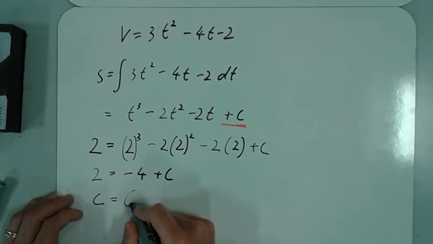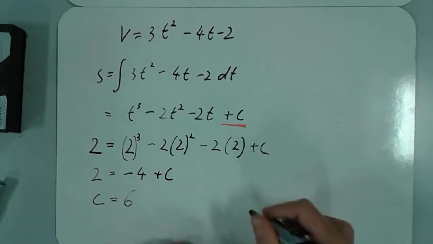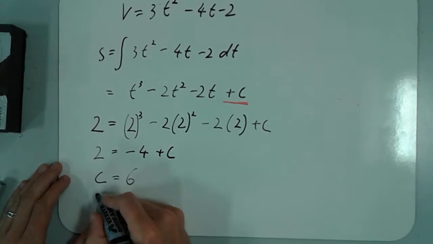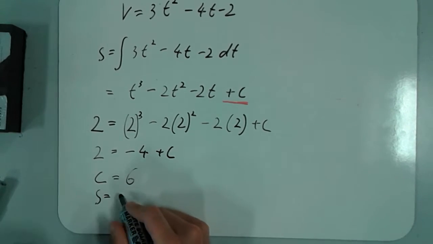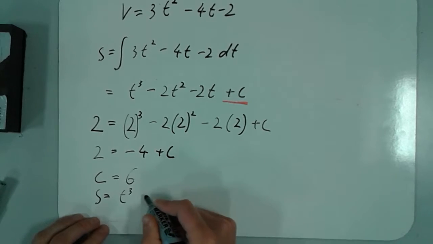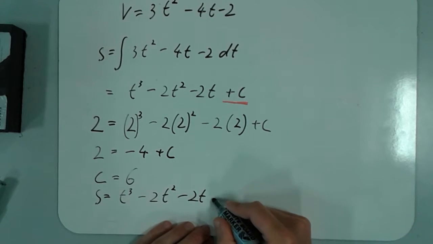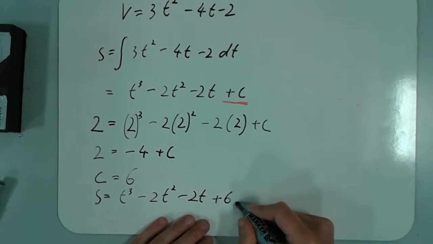Our c will be 6. So now we have our formula. We know that s equals t cubed minus 2t squared minus 2t plus 6.